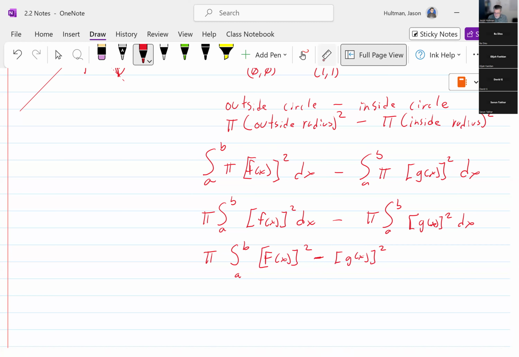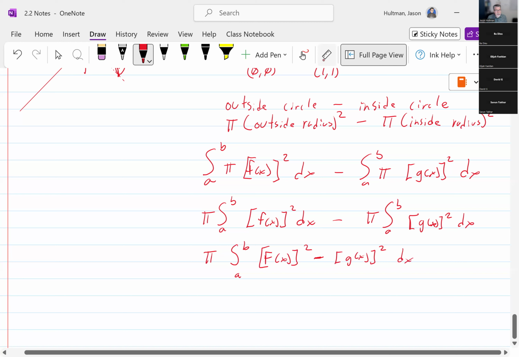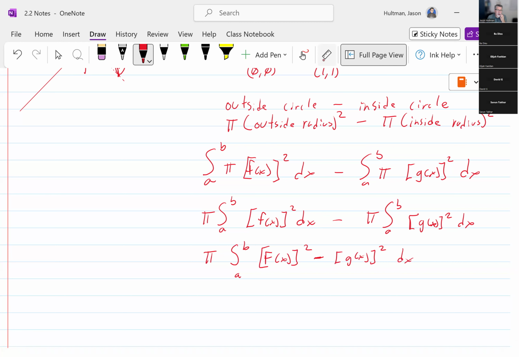Then I can put the f of x squared minus g of x squared dx in one integral, because that's a law of summation and a law of integrals. If I'm subtracting two terms, I can break them up into two integrals. And here I just use that idea in reverse: if I'm subtracting two integrals, I can combine them as long as the limits are the same.